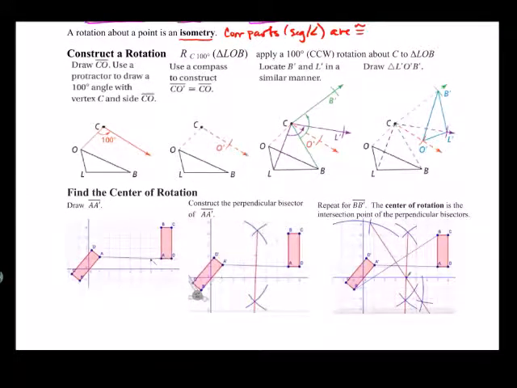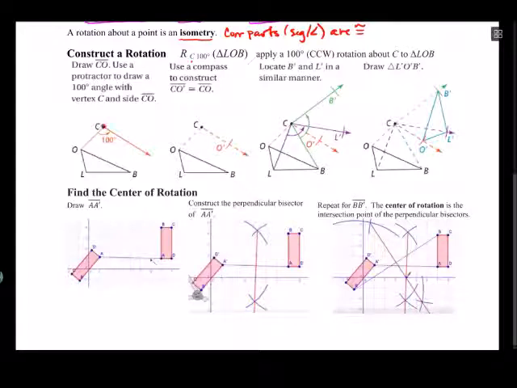Some constructions that we are going to need to be able to do. First, we're going to need to be able to construct a rotation. So let's read our notation. We want to rotate triangle LOB 100 degrees about point C. There's our center point.